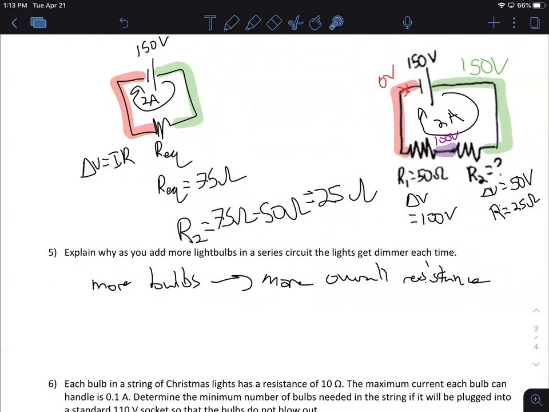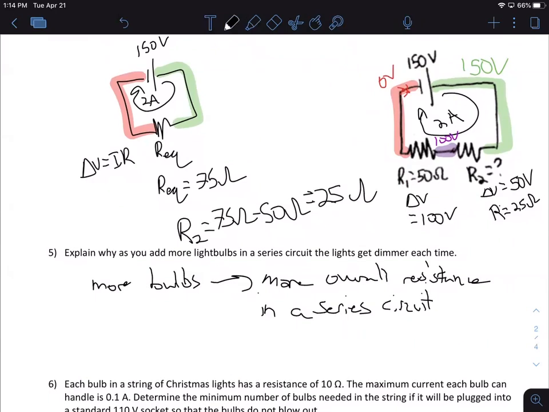Because we saw when I have them in series, I just add their resistances. And I'm going to specify here a series circuit. We'll find that this is not the case for a parallel circuit.